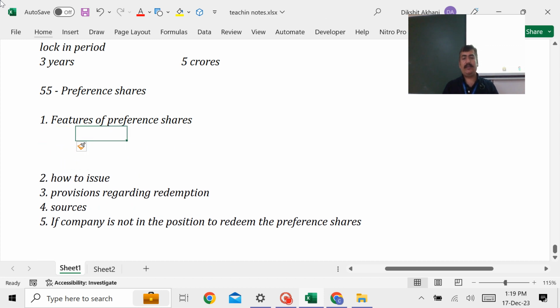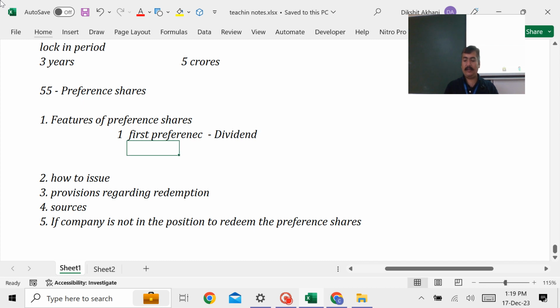Law has actually provided here, I would say, the two features. If you find these two features in the prospectus or in the contract, it would be recognized as preference shares. Point number one, first preference in dividend.